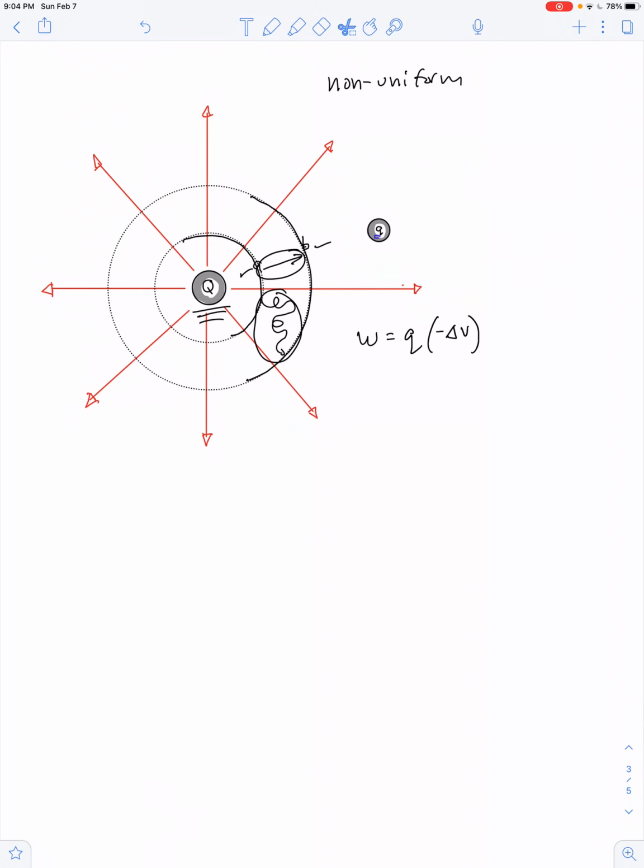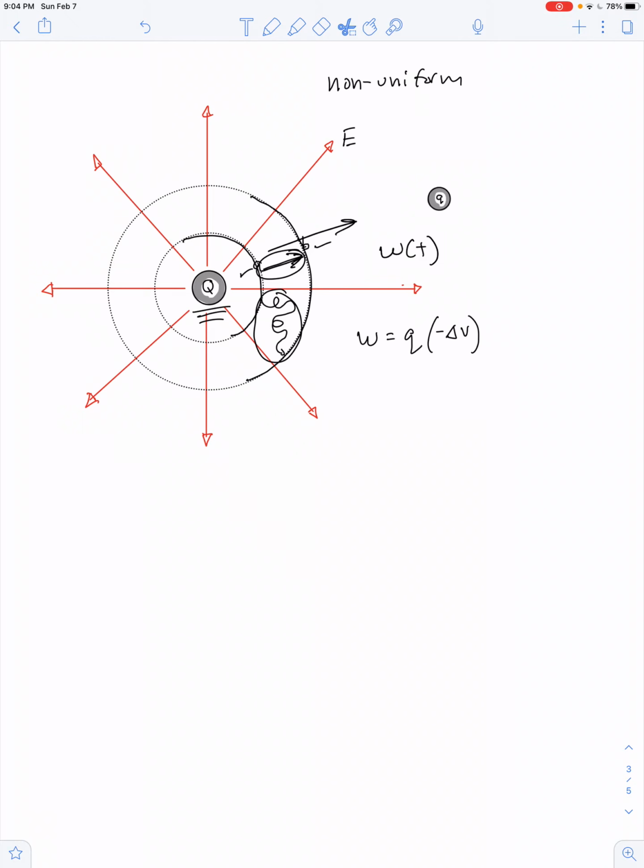Again, in this example, if this charge moves from A to B, then the displacement and the electric field both point in the same direction. They both point outward. And so the work is going to be a positive value.